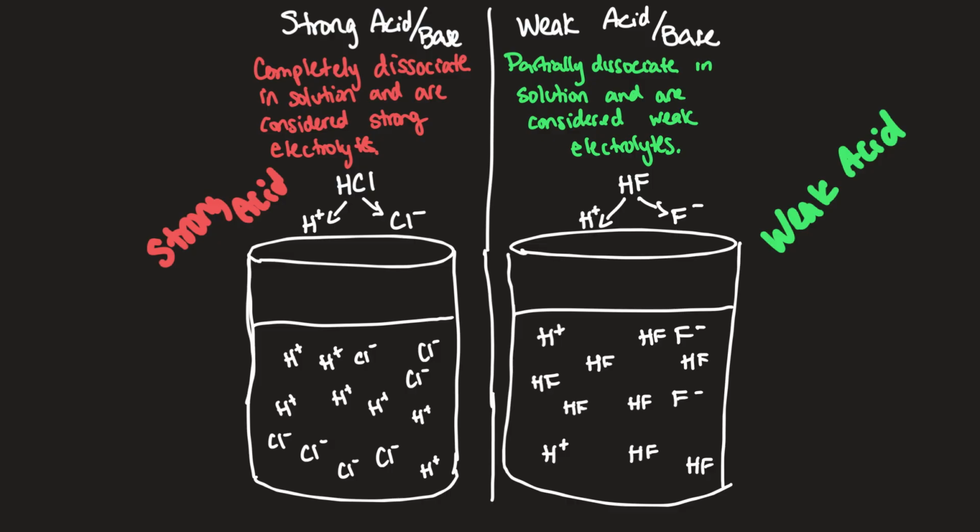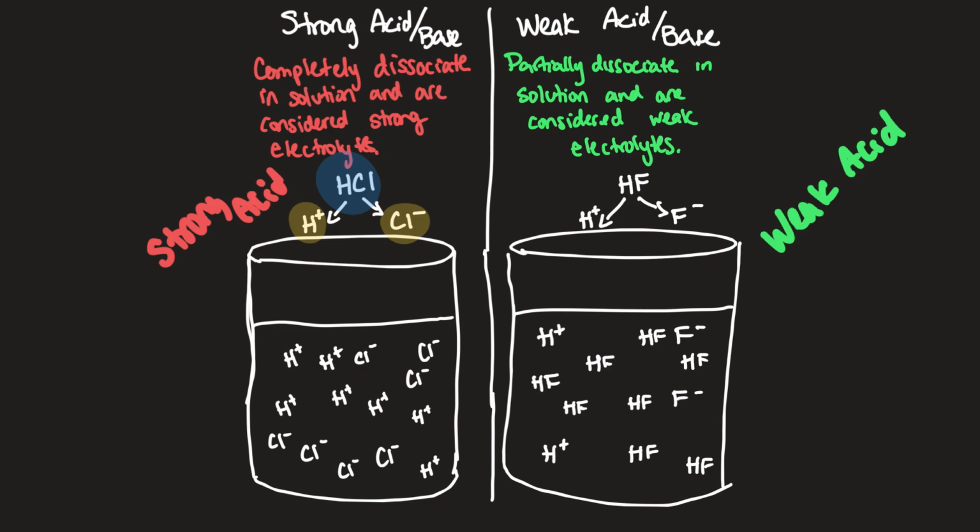With strong acids, for example, HCl is an example of a strong acid. HCl will dissociate into H plus and Cl minus. What we mean by dissociate is that the molecule will break apart into its individual ions.